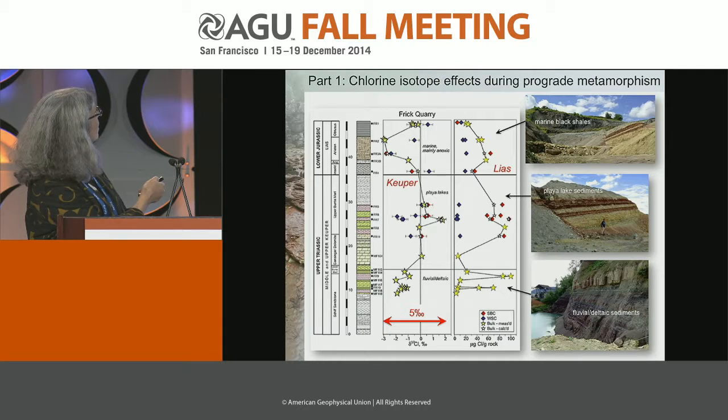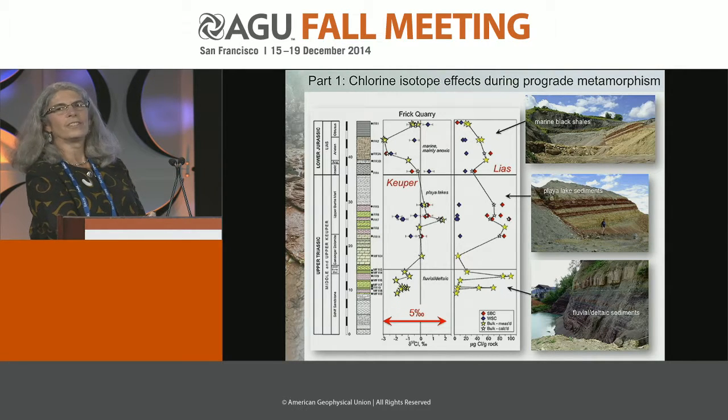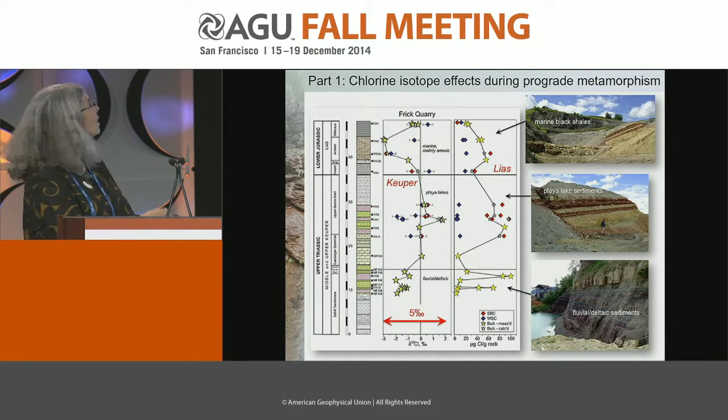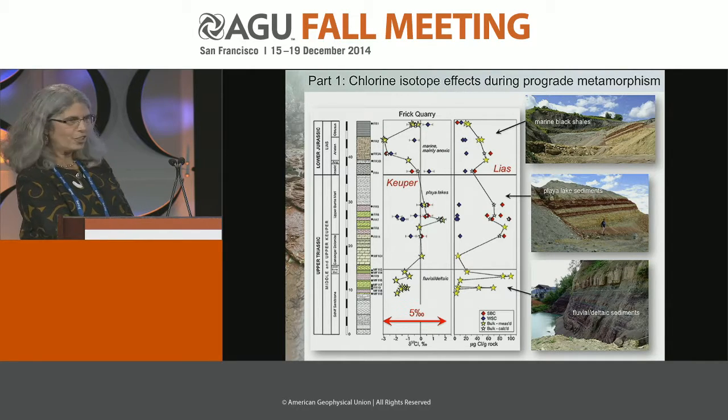You can see that single layers are isotopically homogeneous, but there are large differences between different layers. So the samples are isotopically extremely heterogeneous compared to what we've seen thus far in the subduction record, and within each layer they seem to be isotopically homogeneous.